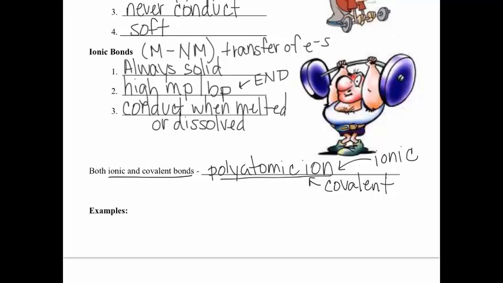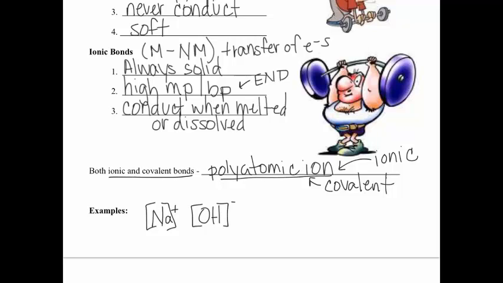So let me show you an example. Sodium hydroxide is a strong base that we use often in lab, and sodium has a +1 charge when it's bonded. And hydroxide is a polyatomic ion with an overall charge of -1.